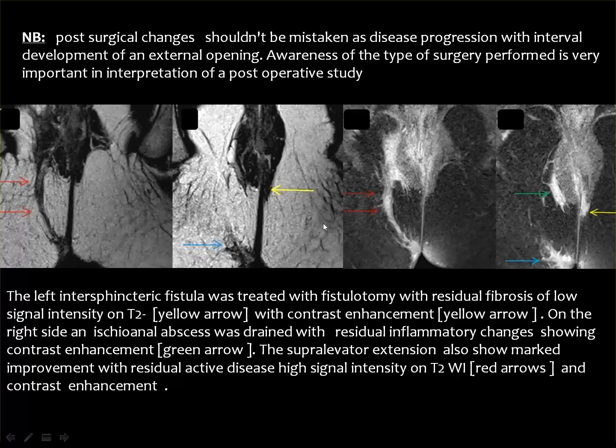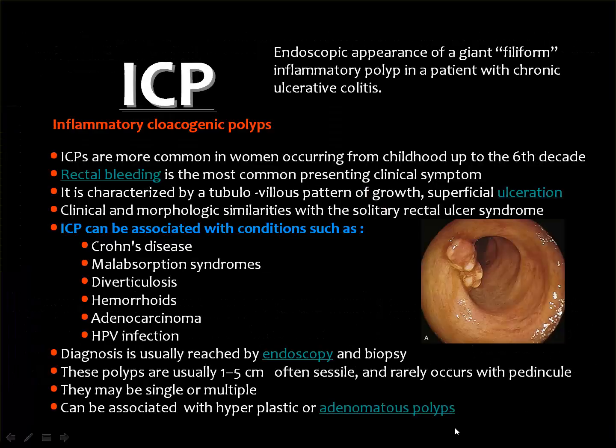But in early stages, if it is still immature, the fibrous tissue will enhance. Then we have two remaining topics, and we'll stop after that. Then the remaining part, which will deal with the tumors of the anal canal, will be a separate talk.